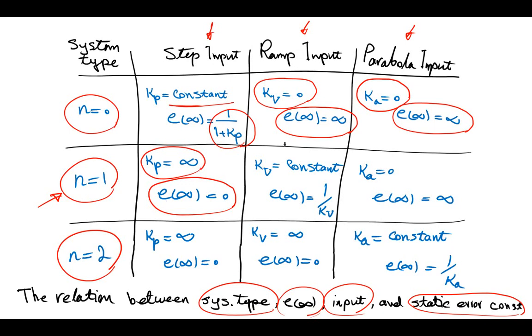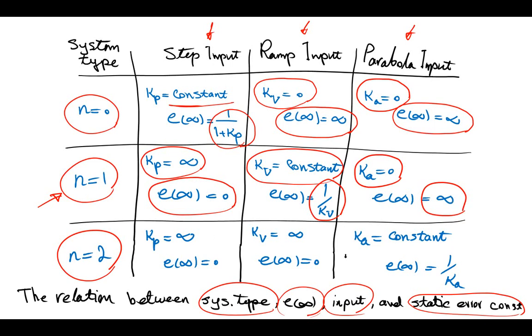Ramp input, velocity constant being a constant number, the steady state error 1 over Kv. Parabola input, for system type of 1, acceleration constant 0, steady state error infinity.